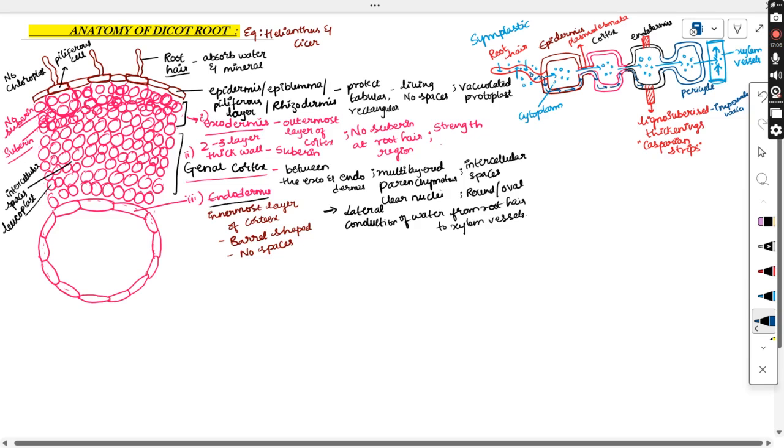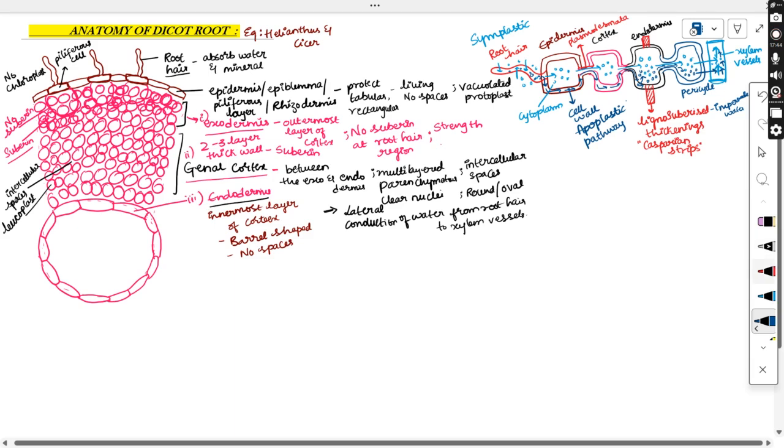That is the reason the water transporting in all these cell walls has to go back into the cytoplasm of the endodermis. Once it reaches the cytoplasm, it passes through the plasmodesmata and reaches the pericycle. After reaching the pericyclic cytoplasm, it reaches the xylem vessel, so the water can be transported. If the water is transported through the cell walls of epidermis, cortex, endodermis and pericycle, the pathway is called the apoplastic pathway, or apoplast.